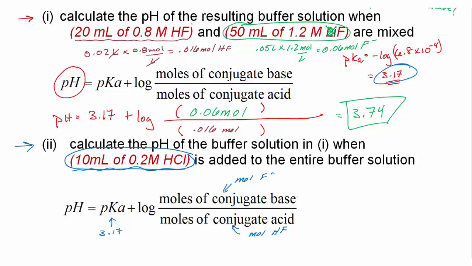A base will, right? So you add an acid, well, we can just write it's a strong acid. When you add an acid, the base reacts, the conjugate base, and what do you make? HF. So here's our strong acid.